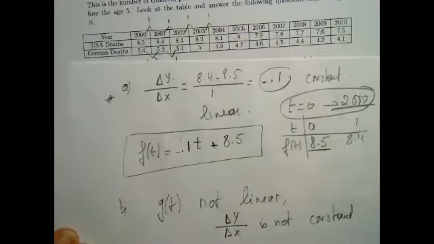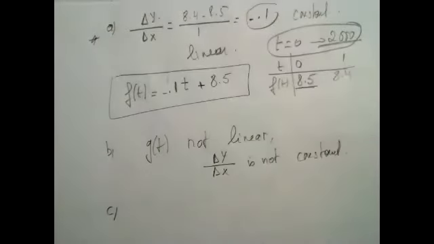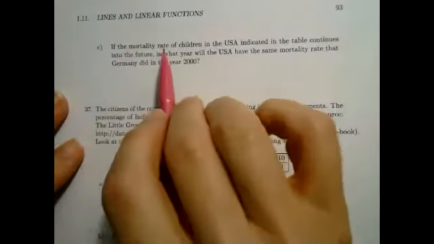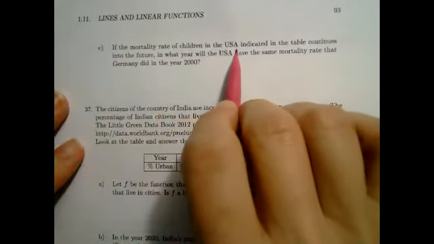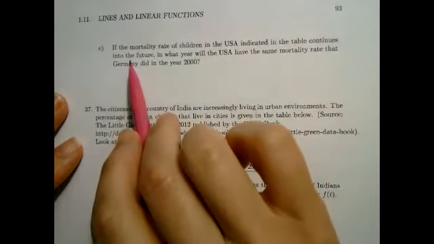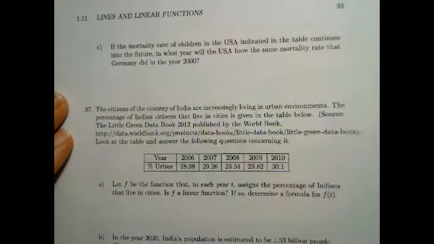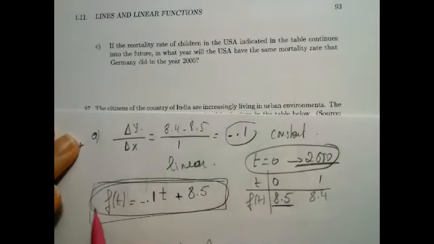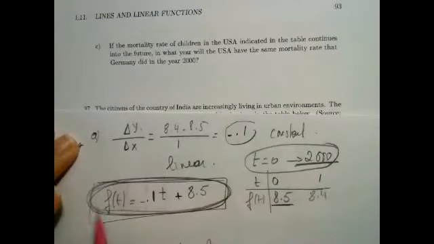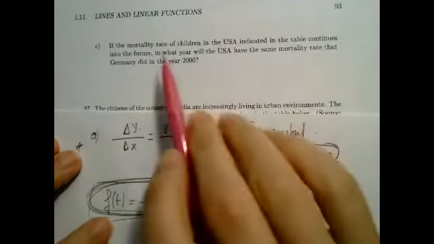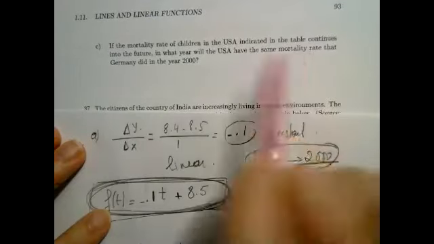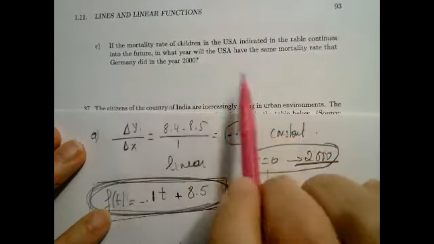Okay. Now C, which is what I imagine you must have difficulties with. So I read C and see what you will have to do. What is C about? If the mortality rate of children in the USA indicated in the table continues in the future, it means that if the mortality rate keeps following this formula, in what year will the USA have the same mortality rate as Germany did in the year 2000?